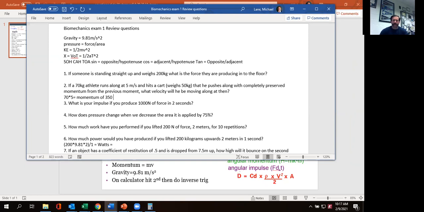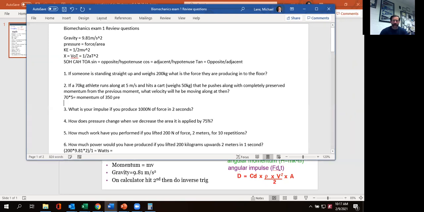So if it's completely preserved, meaning this is going to be the pre, that means the post momentum will be 350.